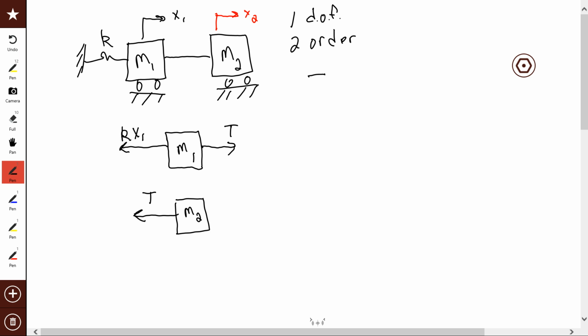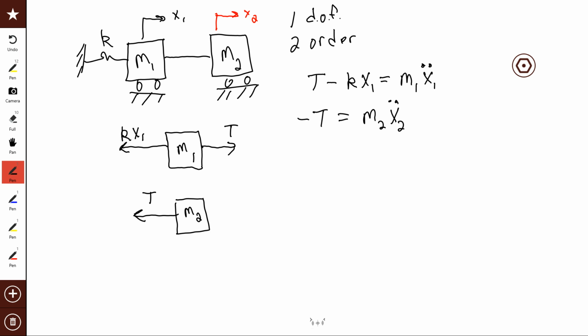Positive would be to the right. So I have T minus K x1 equals the mass in the free body diagram times the acceleration of the center of mass. And then for the other guy I have minus T. That equals mass 2 times the second derivative of its position.